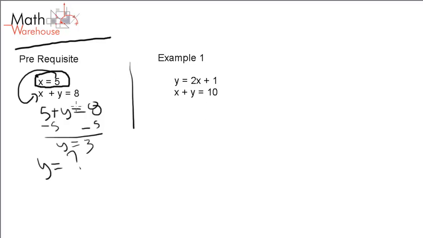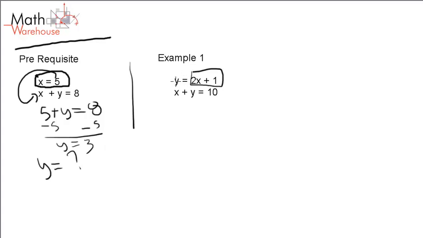Now, we are going to apply the same idea. We're going to use substitution to solve a system of linear equations like this. Here we've got one line and we've got another line, and we want to know what are the values of x and y. Now, just like here, we said x and 5 are the same, so wherever I see an x, I can put a 5. Here I know that y and 2x plus 1 are the same.